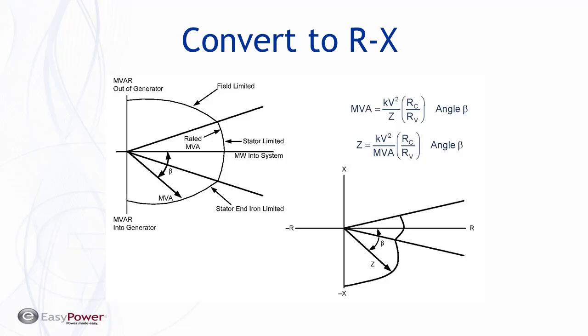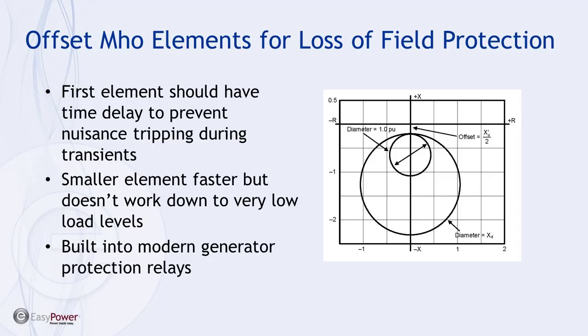My generator needs to operate outside of this region here. So once we've defined that region, we can set the distance elements. We typically use two. These are offset mho elements, and these are typically built into your relay. This is for loss of field again.